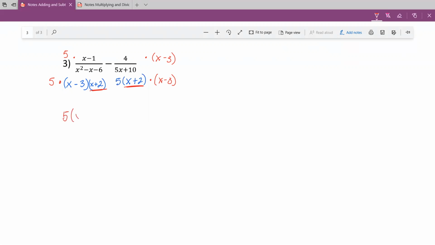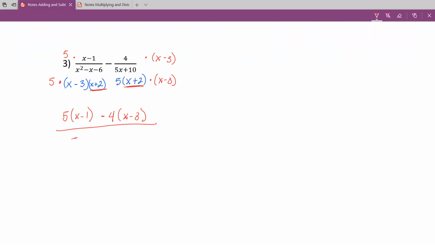So I have 5 times x minus 1 minus 4 times x minus 3, all over my new common denominator, 5 times x minus 3 times x plus 2.